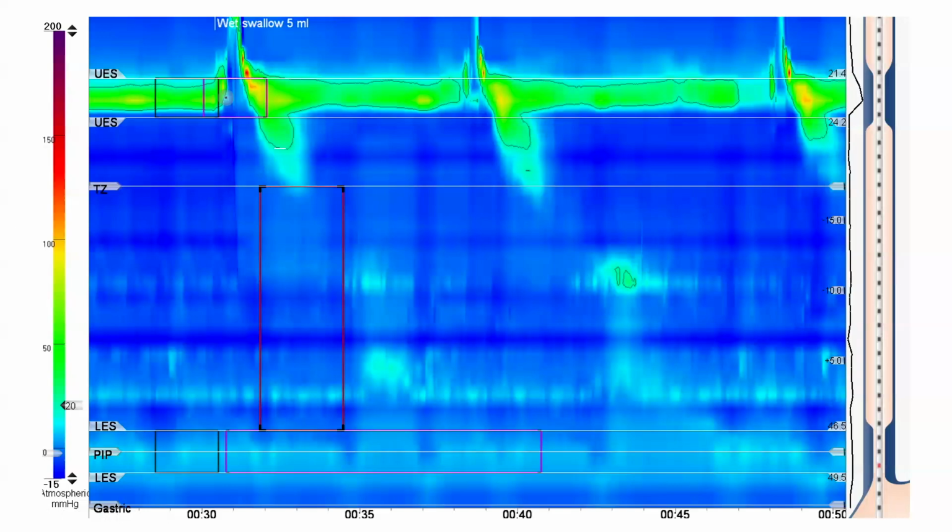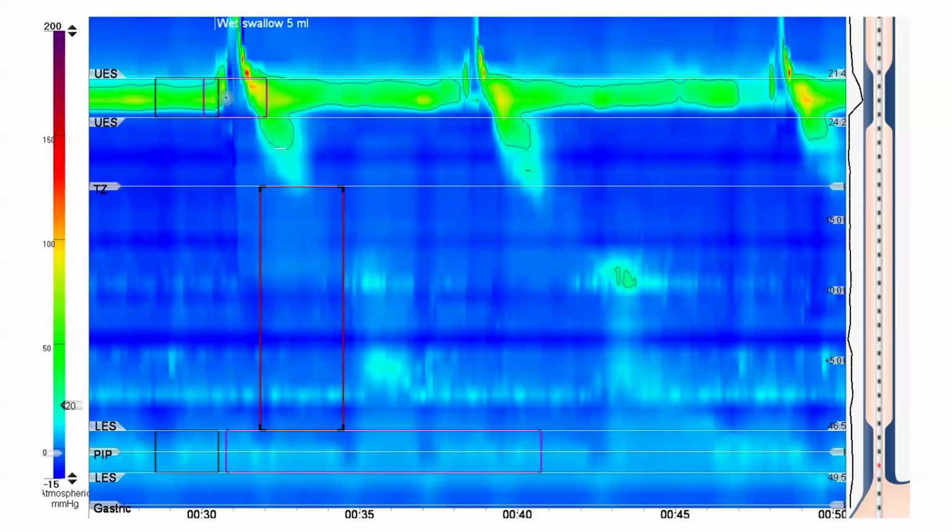If more than 50% of swallows show no contraction or only weak, non-transmitted contractions, but there's some residual activity, that's the ineffective motility, right? And this is something we see quite often. Most of the time when we have a pathological manometry, this is what we usually see, right?